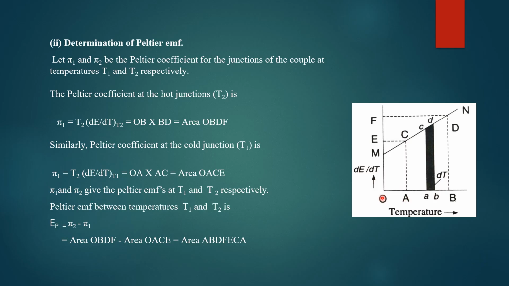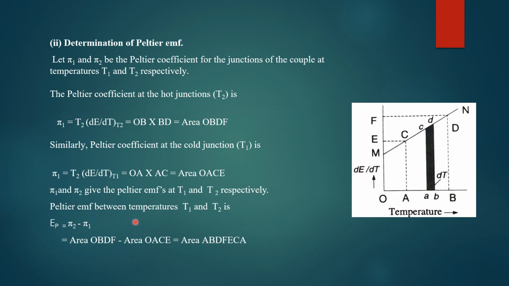That is, T1 into dE by dT at temperature T1, that is OA into AC. Therefore, the area OACE, where pi1 and pi2 are given as the Peltier EMFs at temperatures T1 and T2 respectively.